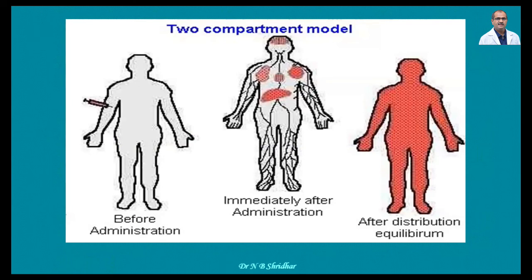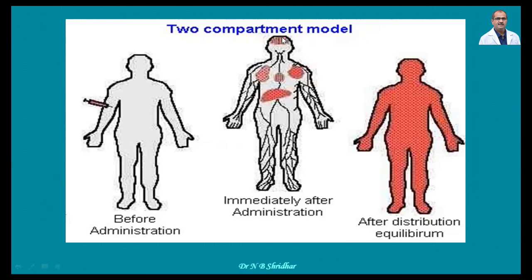And here you can see the two compartment model. You have to remember this particular graph: before administration there is no drug, as usual. Then we administer the drug as an IV bolus dose, and the first compartment, compartment 1, is the liver, the kidney and brain.